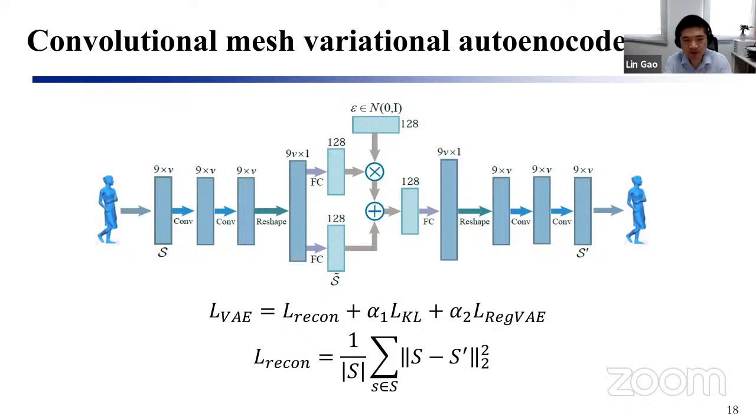Another reason is that if we look at the deformations or the geometry details of the mesh model, it is not so sharp as the images. For the images, the distribution is usually very sharp. The difference between adjacent pixels may be very large, but for the vertices, the difference from the adjacent vertices is not so large.